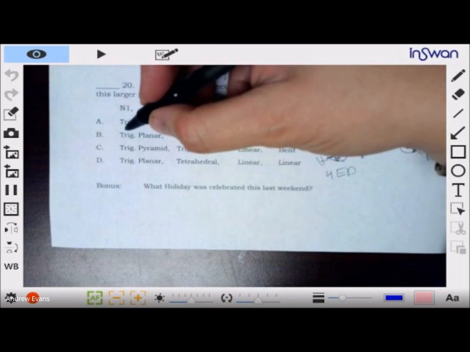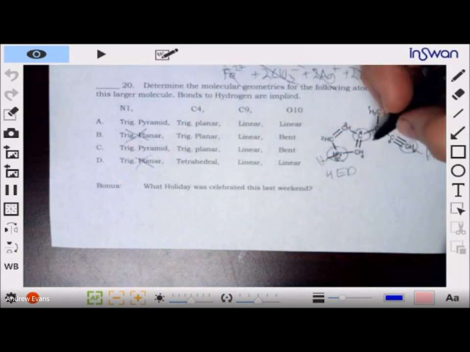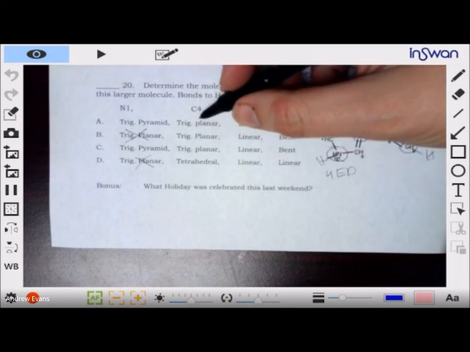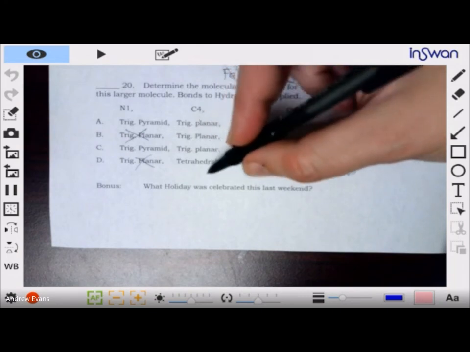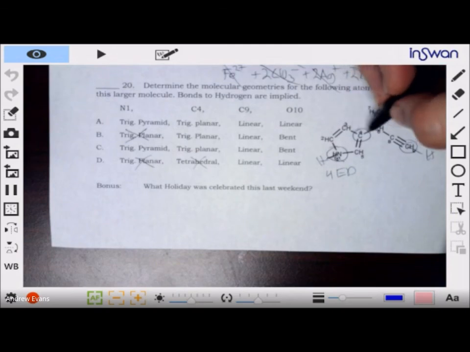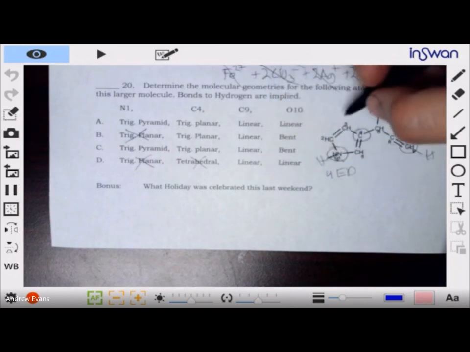So that means A, B, and D are out. C4, 1, 2, 3 bonds, no lone pairs. It's trigonal planar. So once again, that just knocks out D. Okay, number C9, 1, 1, that's linear, knocks out none of them.